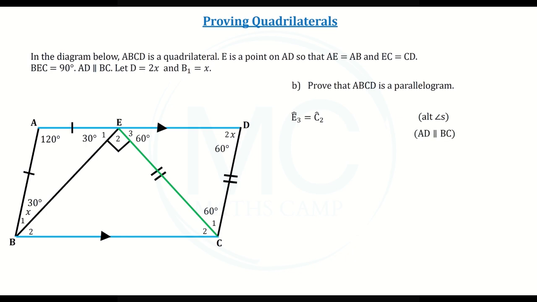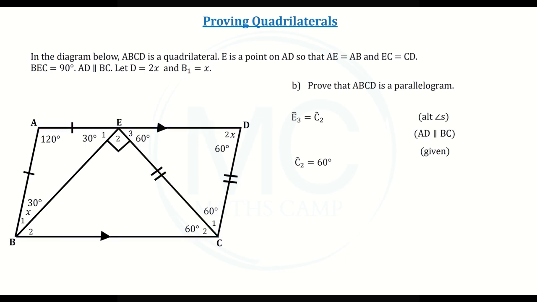AD is parallel to BC, and we know this because this has been given to us in the question. We already know that angle E3 is 60 degrees, which means that angle C2 will also be equal to 60 degrees. Let's put 60 degrees into our diagram, and we can make it black again.